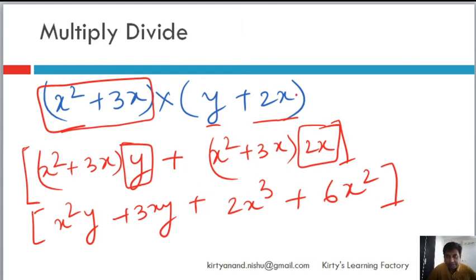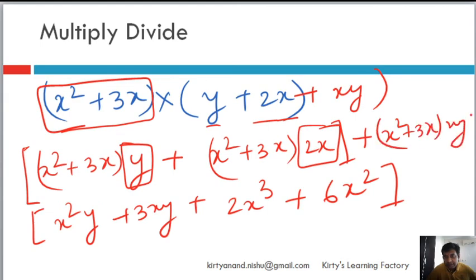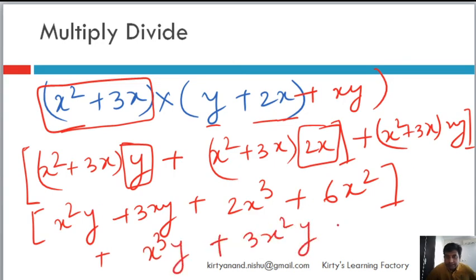Now let's say if there were to be another term here, plus xy, then I would have added another x square plus 3x into xy. So now I would have also expanded this one, which would have made it x cube y plus 3x square y.